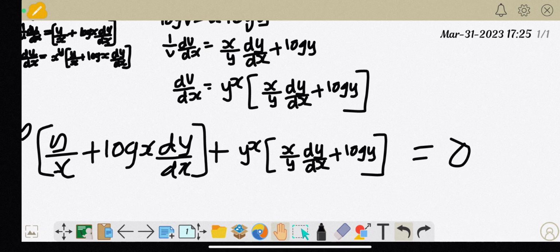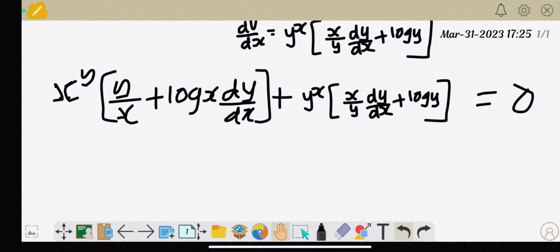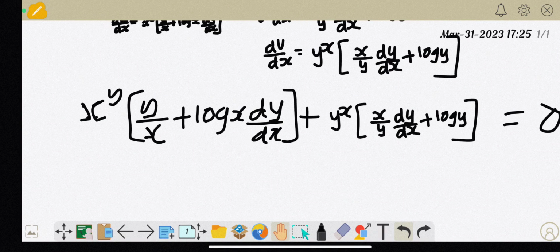Okay, so for what we want the answer? Dy by dx we want the answer. So what you have to do? You have to simplify this and try to bring it in the form of dy by dx. So what is the procedure we can follow? Multiply this, open the bracket, so multiply this inside both. So here the denominator there is x, correct?